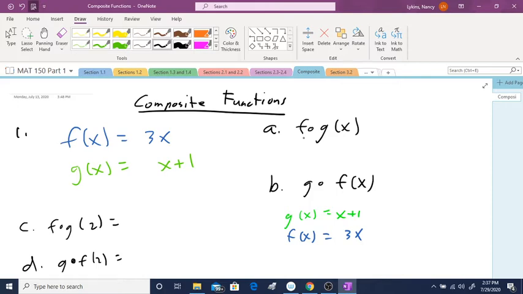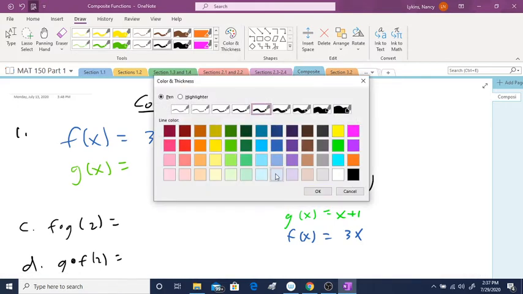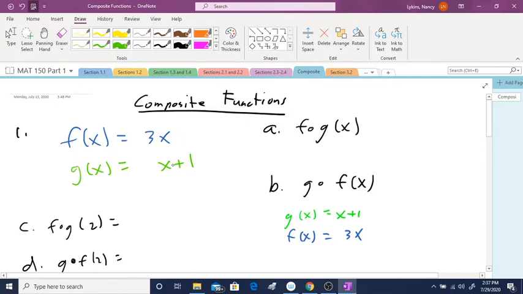So we're going to use rules of substitution. So what I want to do is show us what I mean by that. When you see in part A, f of g, that means f is right here, our main function, and our g is the function we're going to substitute in.